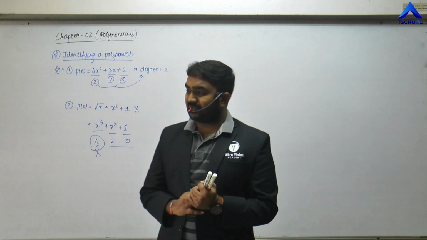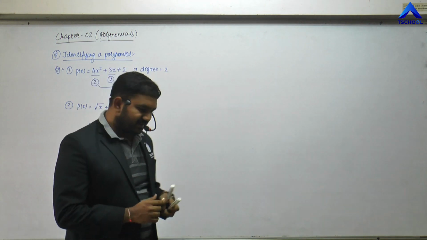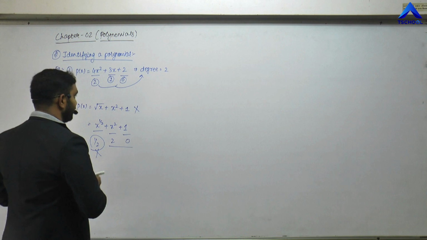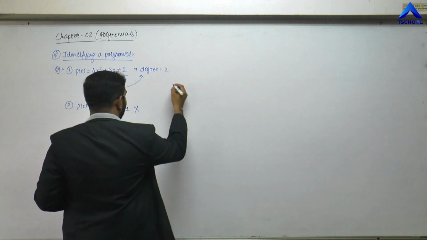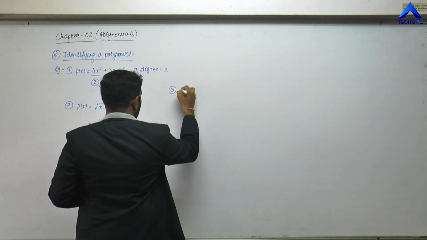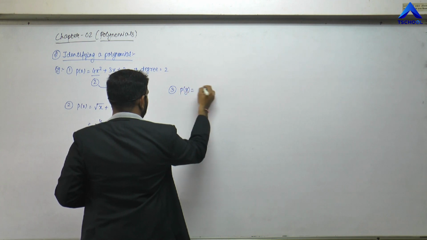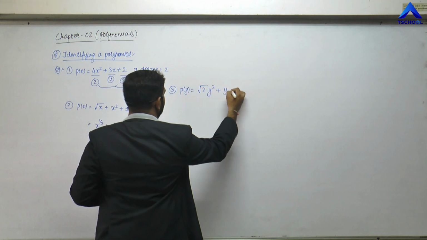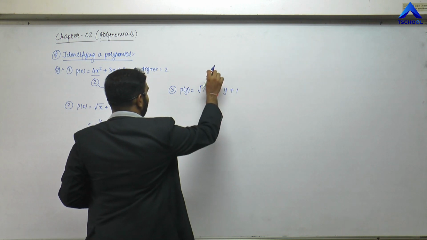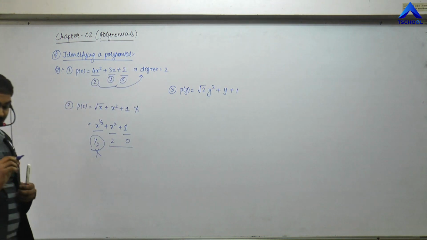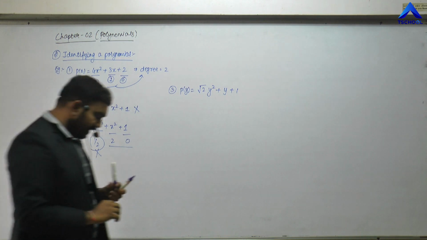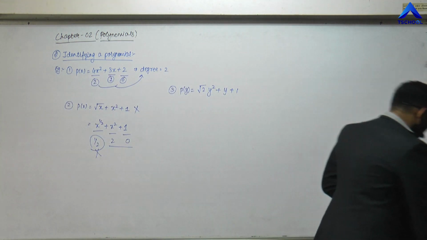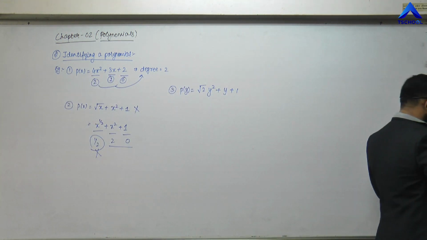But there might be some examples, like if I write down here the third example, that is p of y is equals to root 2 y square plus y plus 1. Note that friends, in this example the square root is associated only with 2, it is not associated with y.